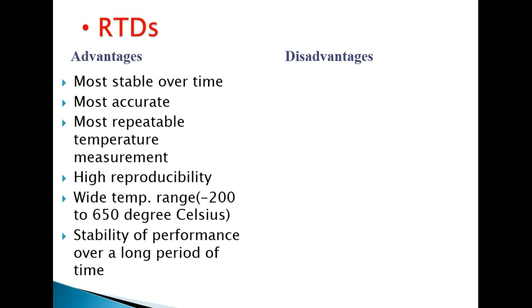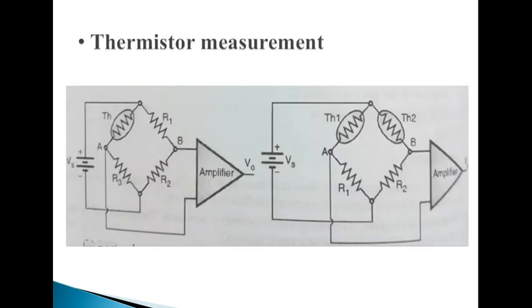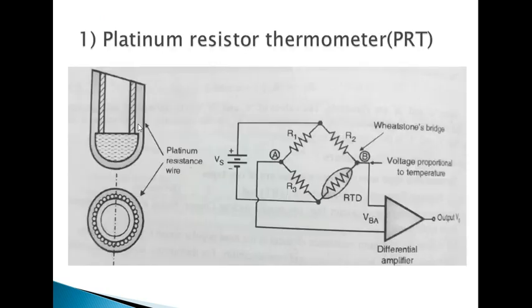If you see this thermistor or this PRT, we can say an external DC supply is used, external resistors are used, one amplifier is used, and only then it gives you the output. This means the RTD comes under the passive category because it requires an external DC supply, external connections, external resistors, such circuitry is required.